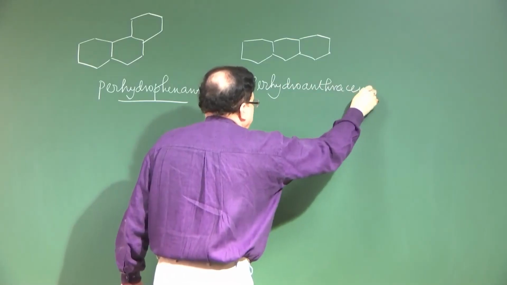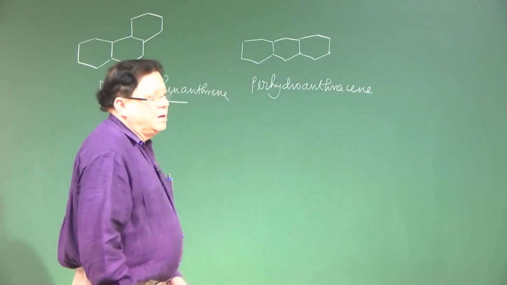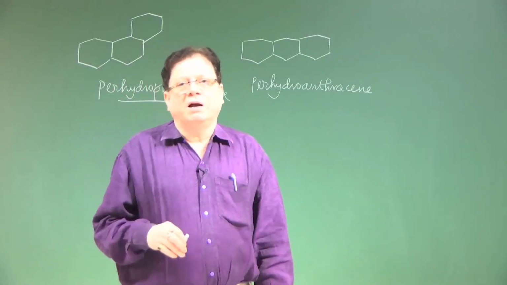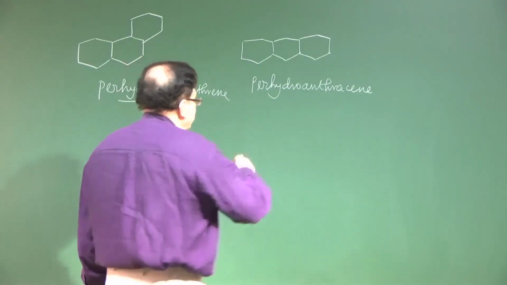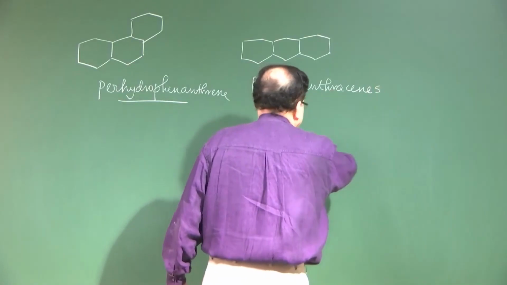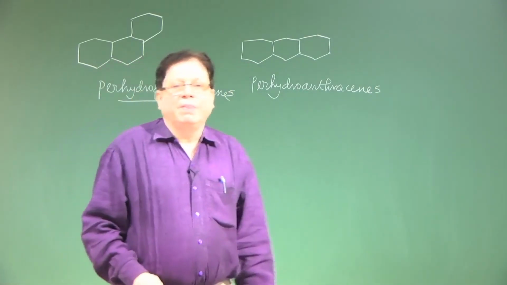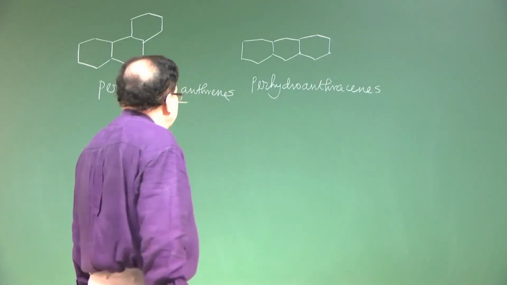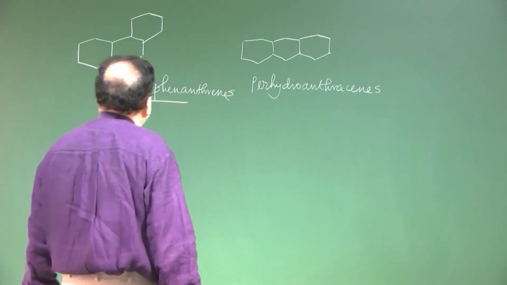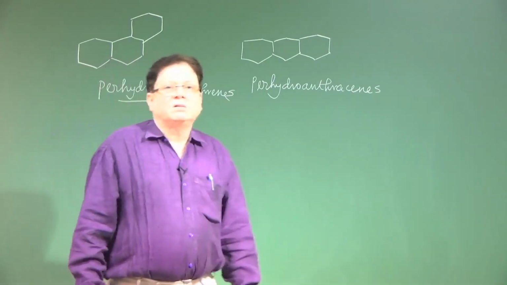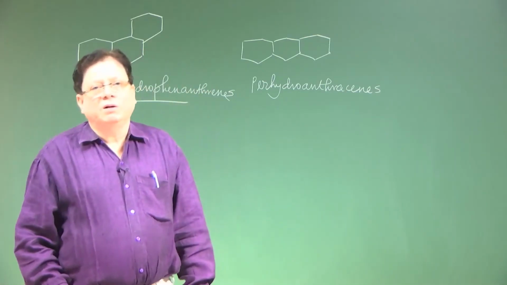Now, actually Perhydroanthracene can exist in several diastereomeric forms, so also the Perhydrophenanthrene. So, basically we are discussing the Perhydroanthracenes and the Perhydrophenanthrenes. Now, let us try to figure out what will be the number of diastereomeric forms that each molecule can have.